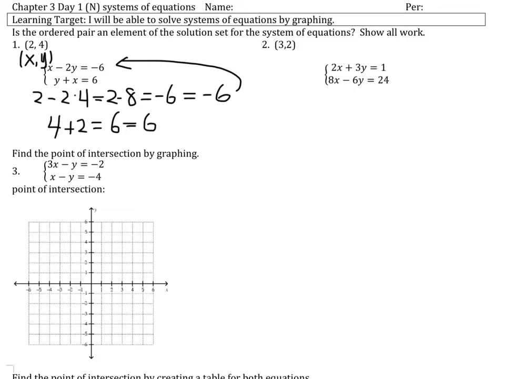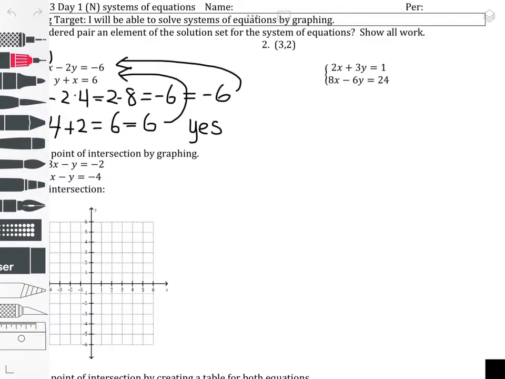So this time it matches up with the second equation. So what can you say at this point? Because this ordered pair satisfies both equations, we can say, yes, this point is a solution to the linear system of equations. Only after you plug it into both equations and it satisfies both can you make this conclusion.